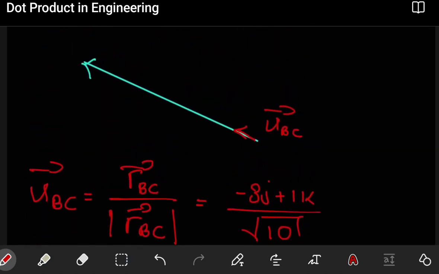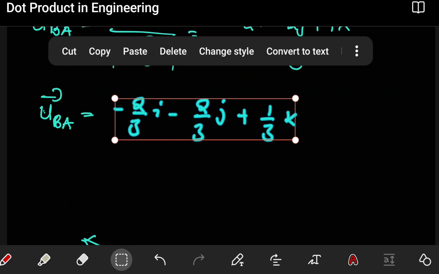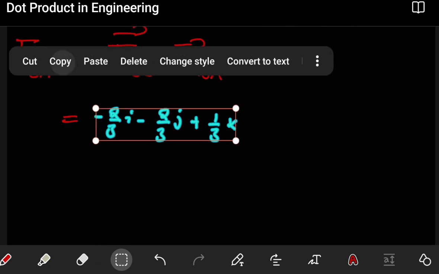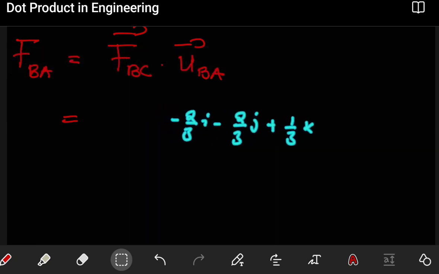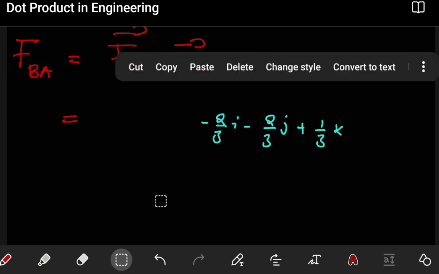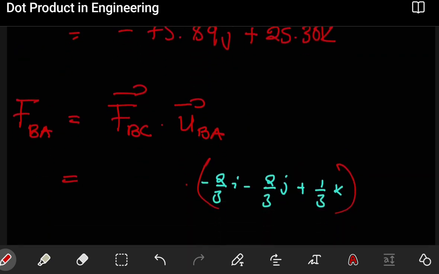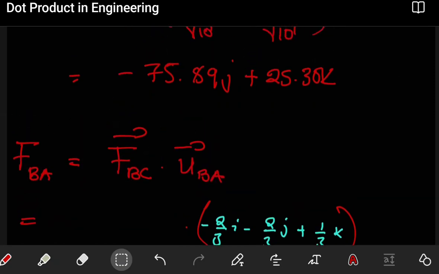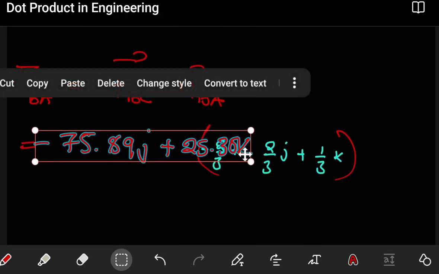This was our unit vector in the direction where we want the projection to be made. So let's put it there. Then we're getting its dot product with our force vector, which was this.